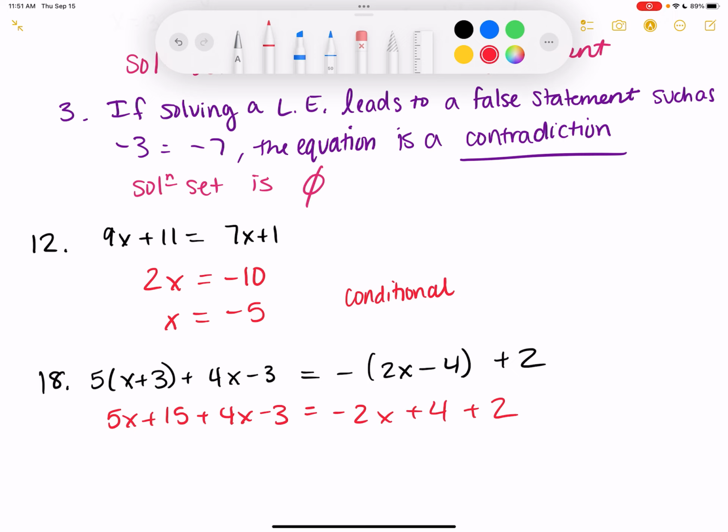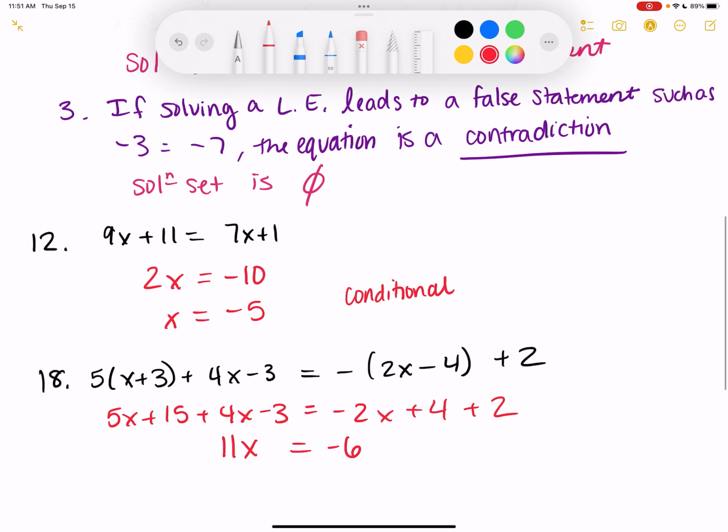Combine like terms. So I'm going to go ahead and move the x's to the left and the numbers to the right because I can do that. So 9x plus 2x, so 11x equals 6 plus 3, so 9 minus 15 is negative 6. Do you all agree with that?